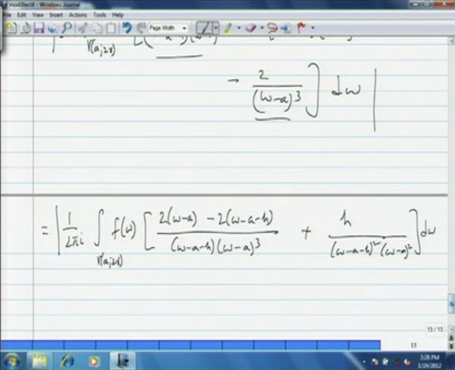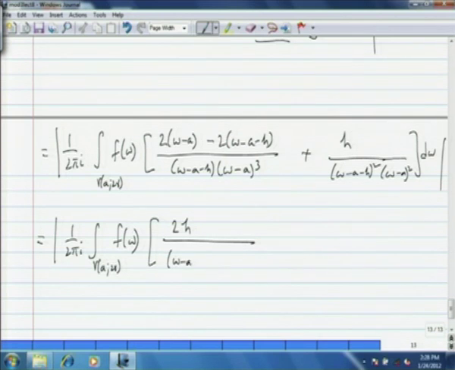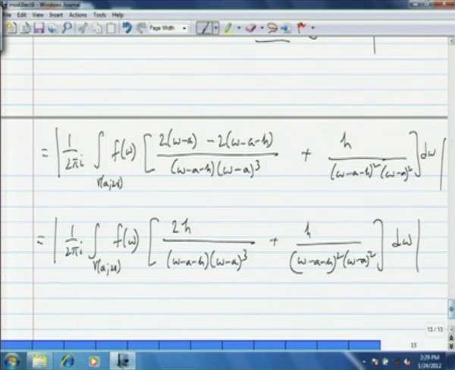So, all this within modulus is equal to the modulus of 1 by 2 pi i integral over gamma a to r f of w, times, well, after cancellation what I have in the numerator is 2h, divided by (w minus a minus h) times (w minus a) cube, plus h divided by (w minus a minus h) squared times (w minus a) squared dw, within modulus.